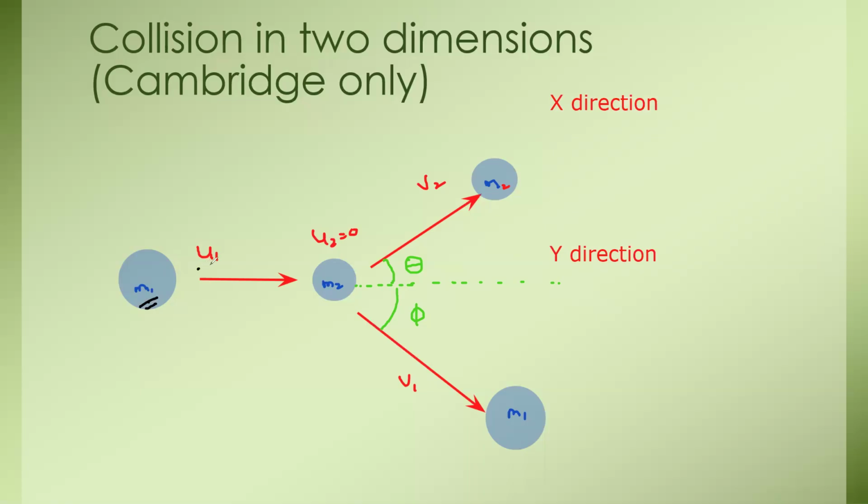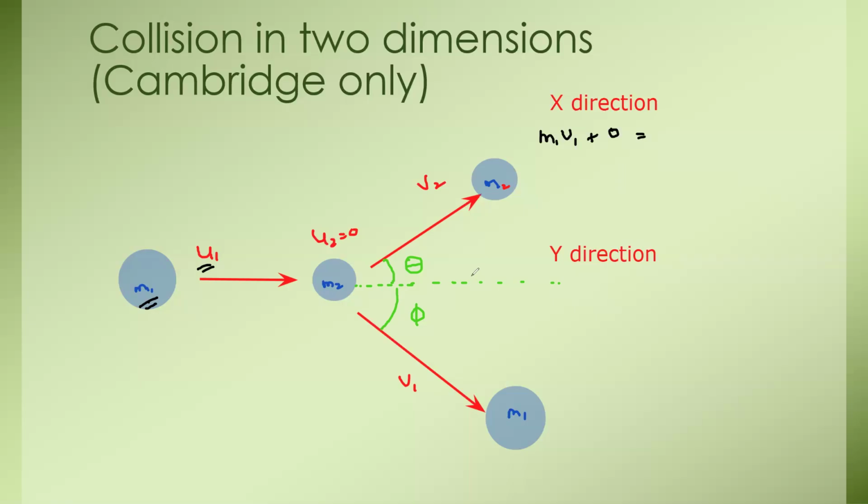This mass is m1 and this velocity is u1, so I can say m1 u1 plus the second object was stationary, so its momentum is 0. So I write 0.